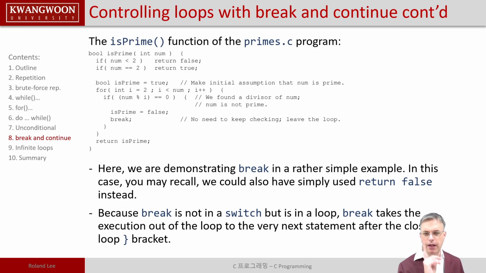Okay, here we are demonstrating break in a rather simple example. In this case, you may recall we could also have simply used return false instead, but where is then the fun? the book asks. Because break isn't in a switch but in a loop, break takes the execution out of the loop to the very next statement after the closing loop bracket, so the curved bracket.